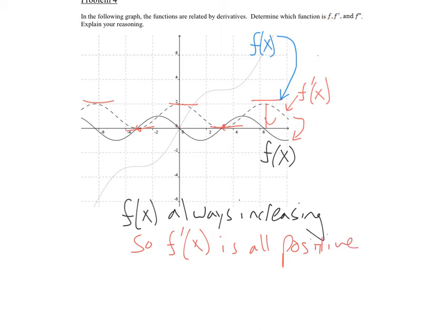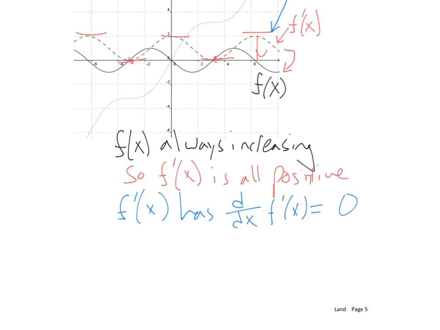Okay? And then f prime of x, the dashed line, has 0 derivatives. The derivative of f prime of x, I guess we could say, equals 0 at these values here, at the zeros of the solid line.